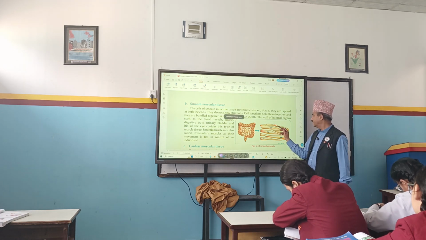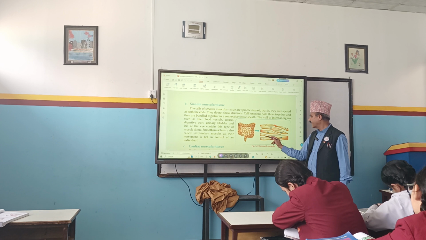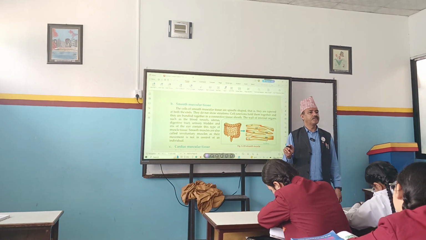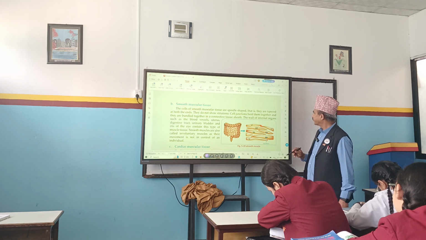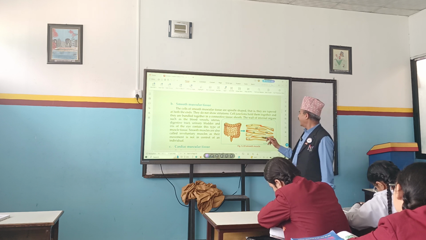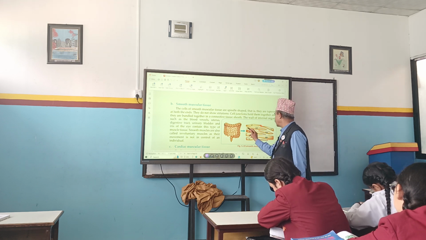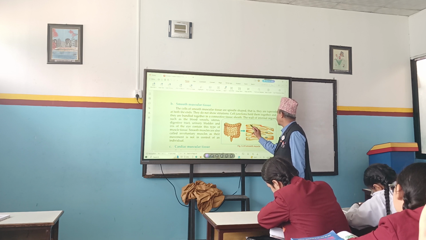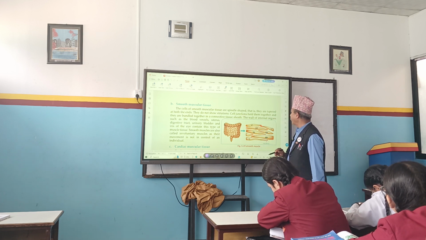See, is it pointed or not? This type of structure is called spindle shape. They are tapered at the ends. Both ends are pointed, and the middle portion is broad.